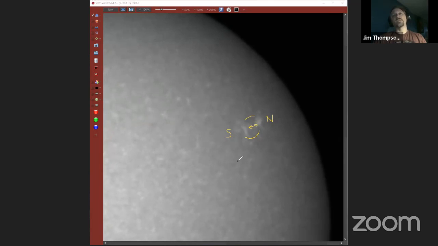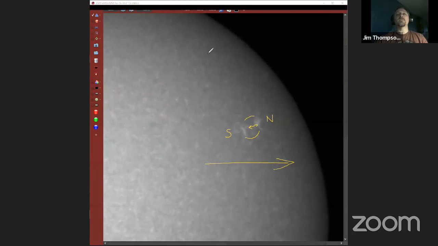I think right now the sun is rotating this way. I'm not sure, but I think that's the direction. So over time, we'll see this change its position, drifting slowly towards the edge. Now it does take a number of days for the sun to rotate, so it'll be moving fairly slowly.